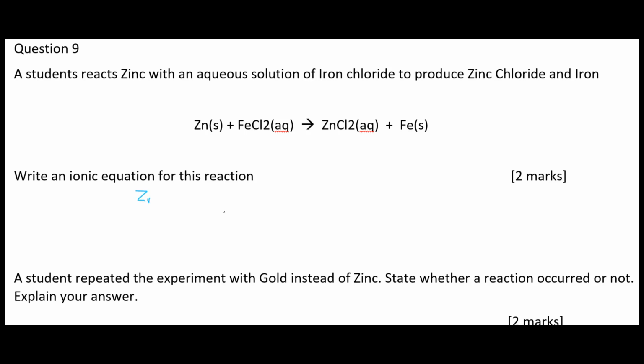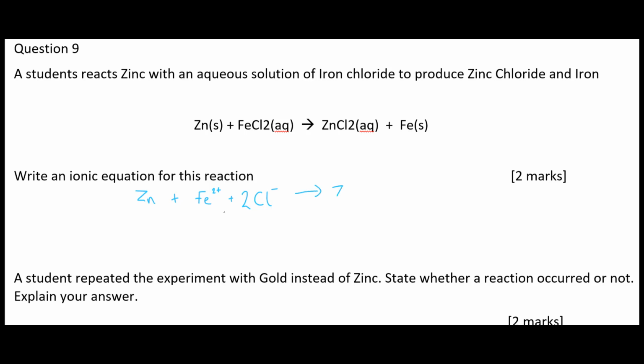So we've got our zinc and we have our iron, and we also have our 2 chloride ions. Now remember that chloride ions always have a single negative charge because they gain electrons. Now if we've got 2 negative chloride ions, then our Fe must have been Fe2+, because there isn't a charge on the compound.